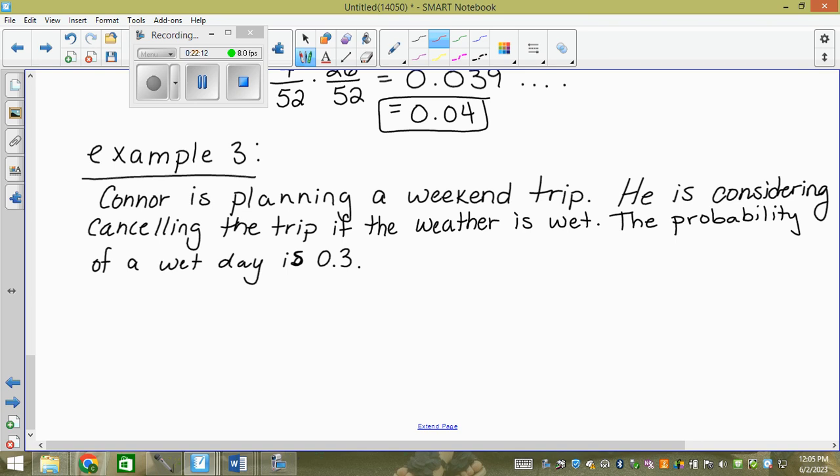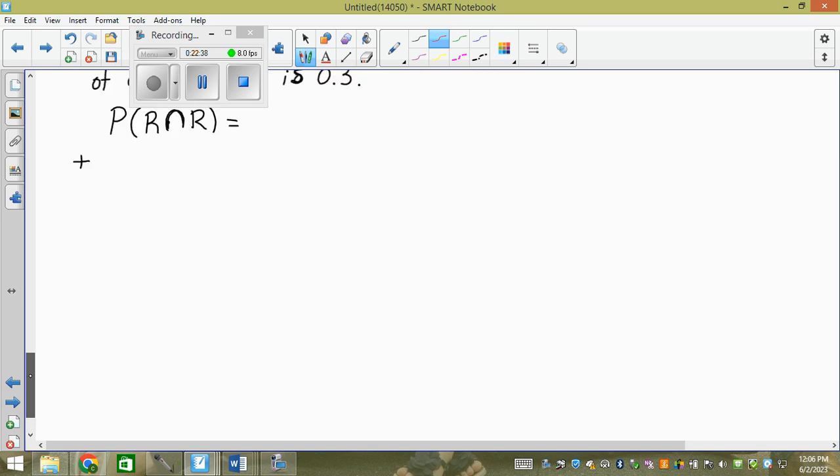So what's the probability he won't go on the trip if it will rain at all? What are the options that would kick out him going? Probability on the first day that it rains and the second day that it rains. Okay, that's 1. Or, which means I'd add, what are my other options?